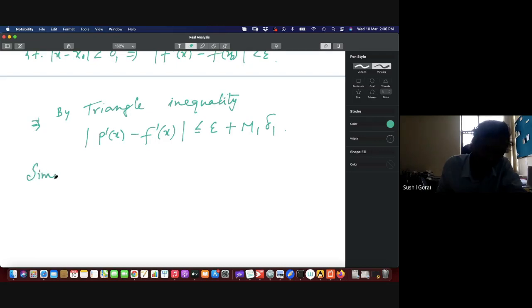Similar argument gives us. So here one more line.